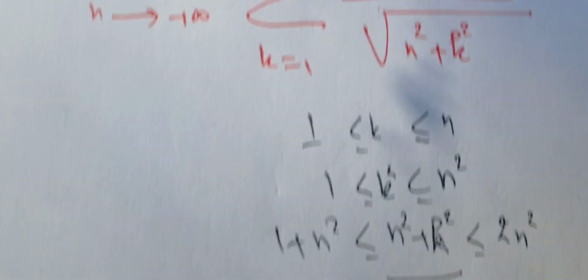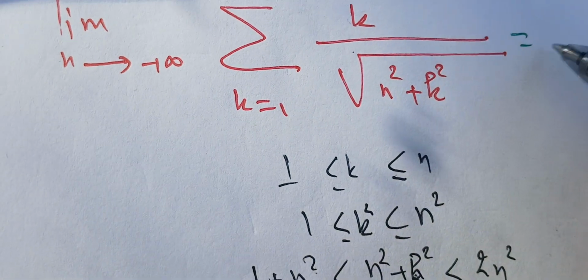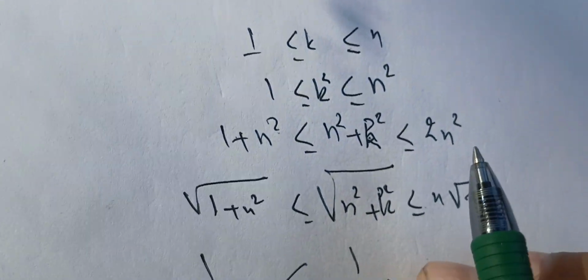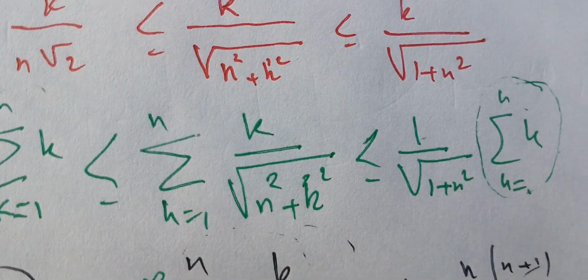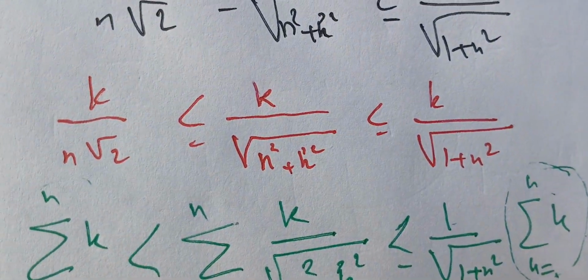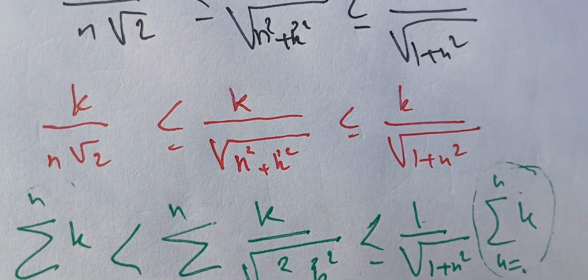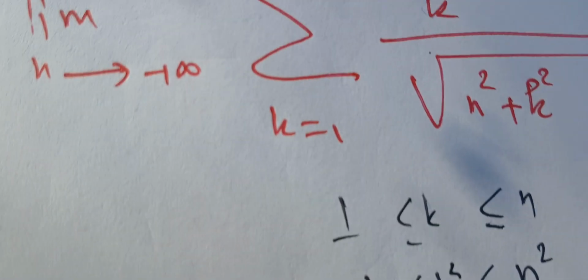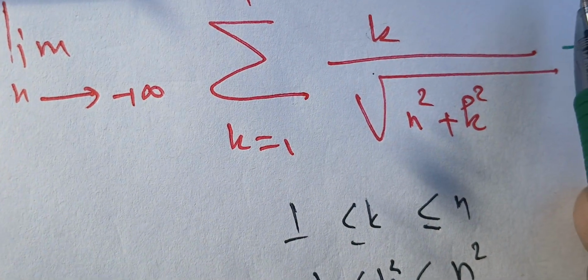So the answer here is plus infinity. Okay, so we use the squeeze theorem. The other limit is infinity here. This one is infinity. So this is trapped by plus infinity and plus infinity from above and below. What's its limit? It's plus infinity. So therefore, my limit here is plus infinity.